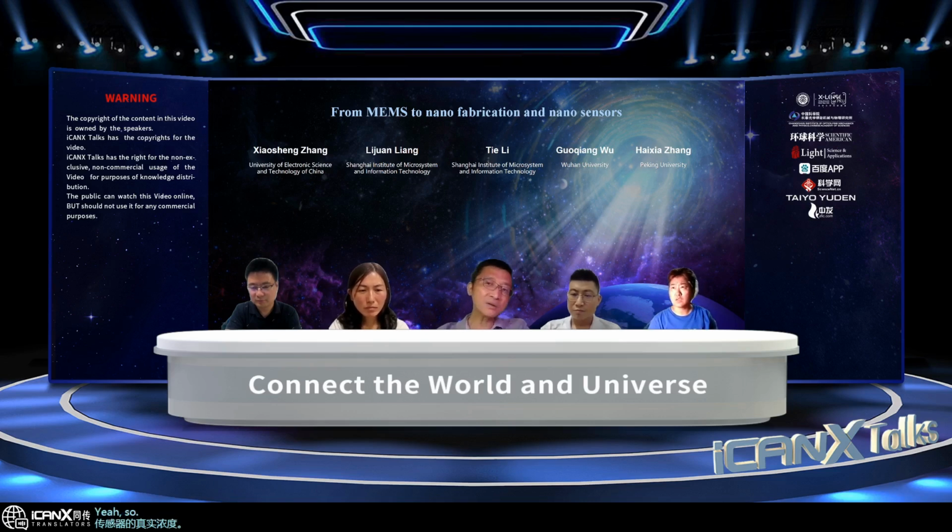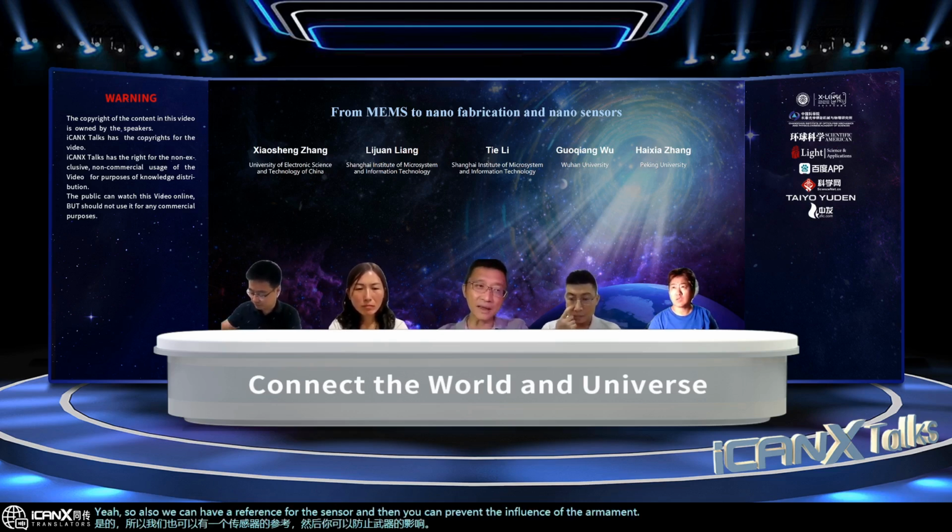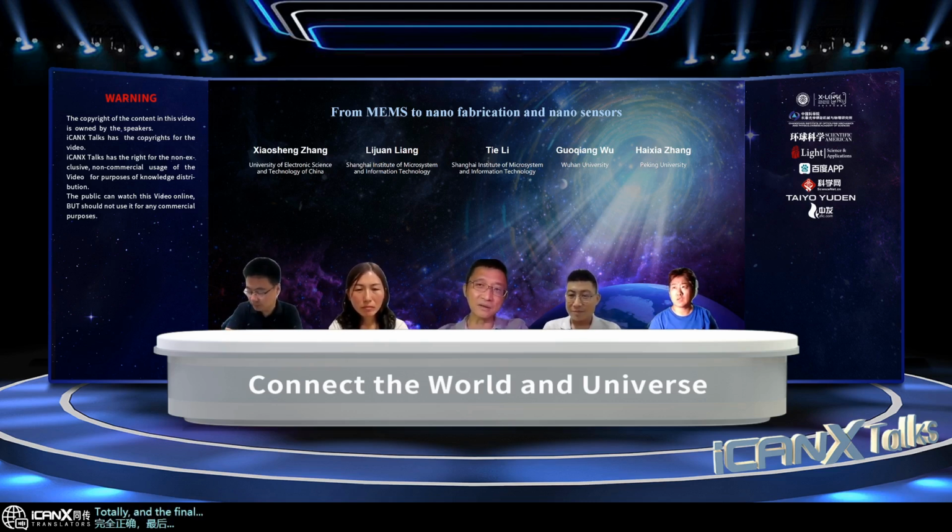Also we can have a reference for the sensor, and then you can prevent the influence of the environment totally and find the signal exactly.